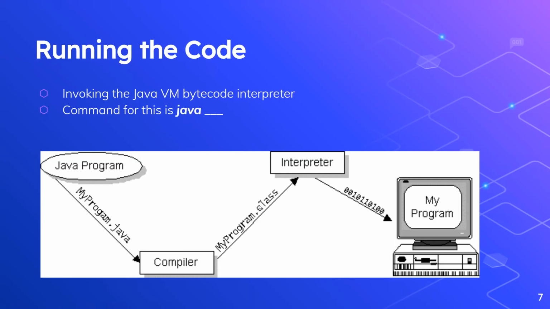The processor still doesn't know what it is, but there's another step called the interpretation of the bytecode into binary using the JVM. What the JVM, or Java Virtual Machine, does is simultaneously, while reading the program, convert it into binary code so the processor can understand, right?